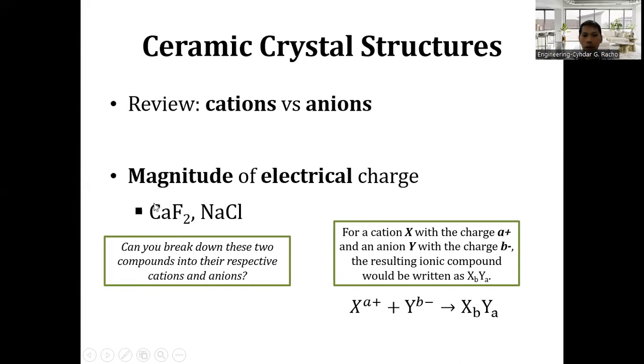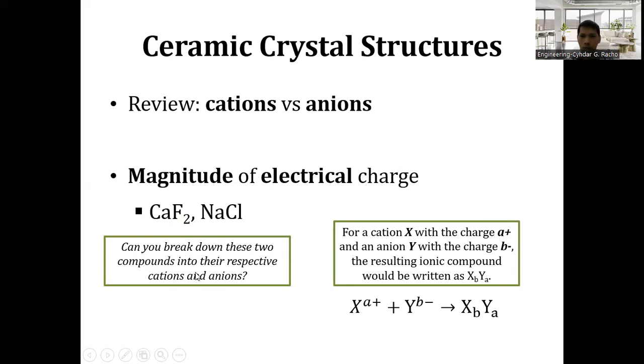If you need to break it down into its cations and anions, you have Ca plus your fluoride. But the question is, what is the charge of your calcium and the charge of your fluoride?